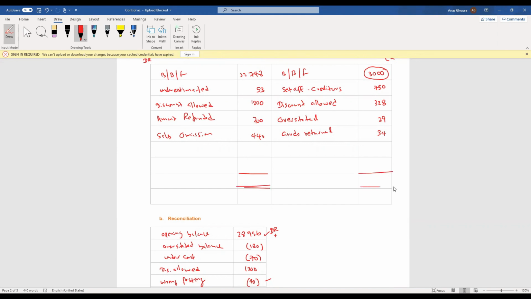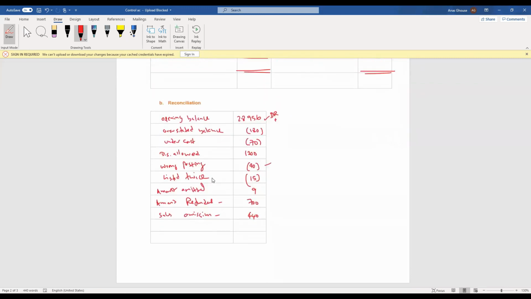Here, the closing balance, this 3,000, is also a credit balance. So therefore, balance carried forward. This 3,000, we made an adjustment, which was this 700.